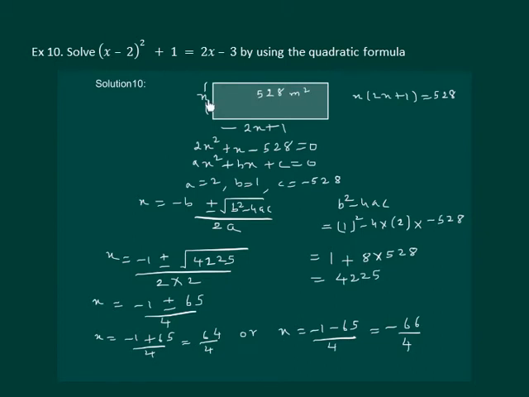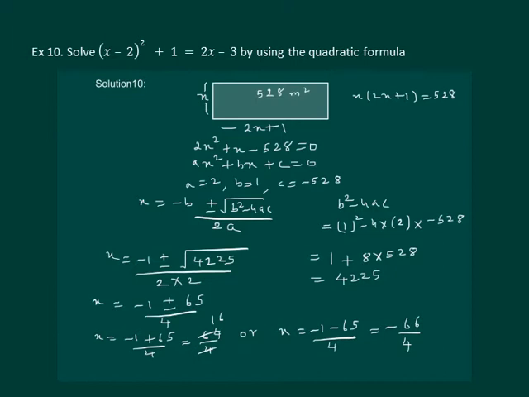Now since x is the breadth of this rectangle, and breadth cannot be negative, we will say that x equal to 64 by 4, which comes out to be 16, is the breadth of the plot.